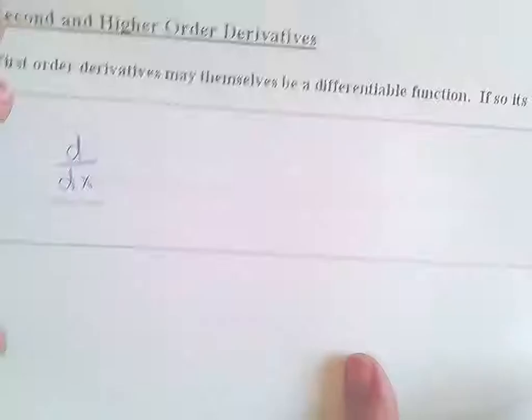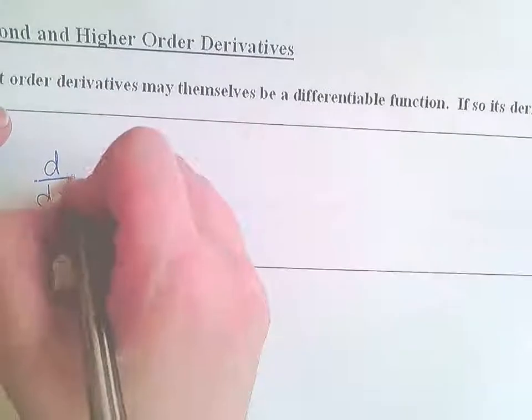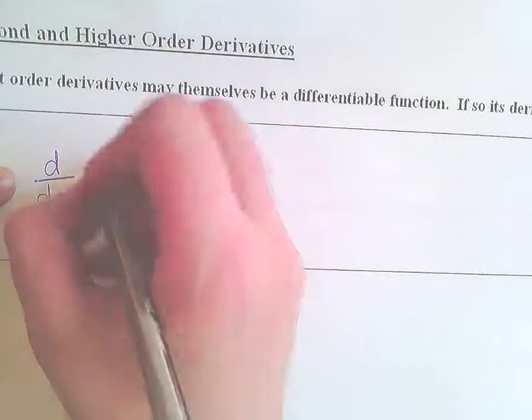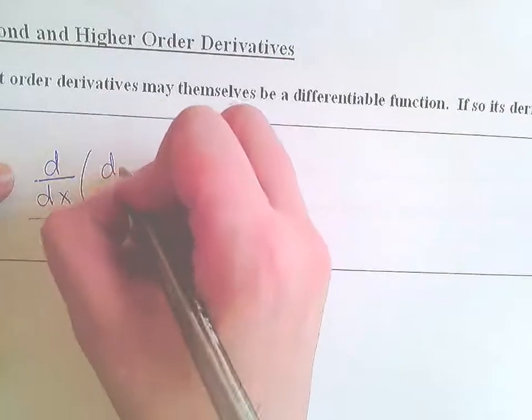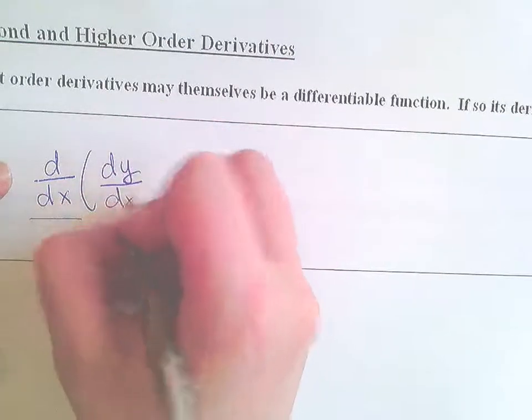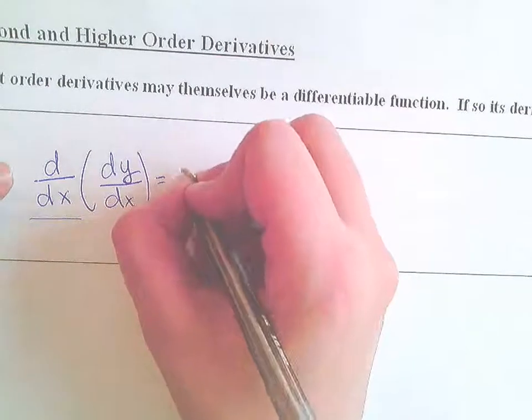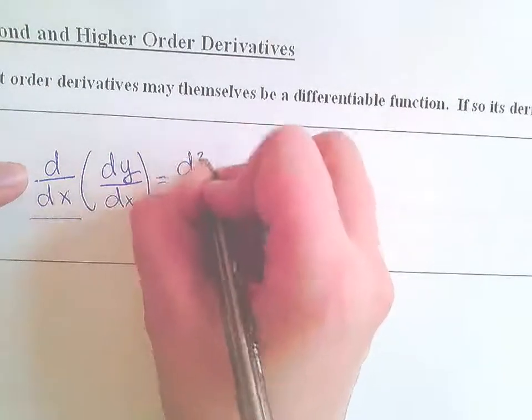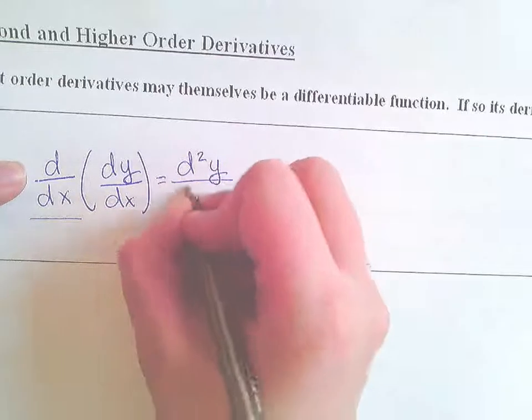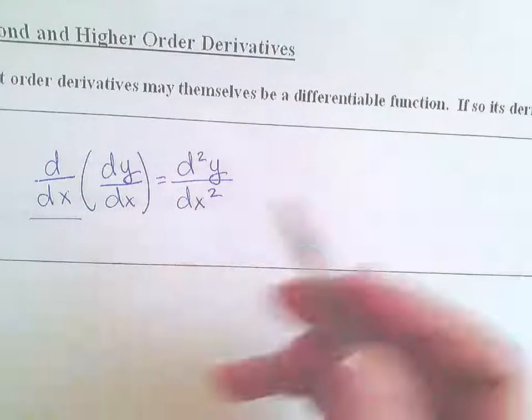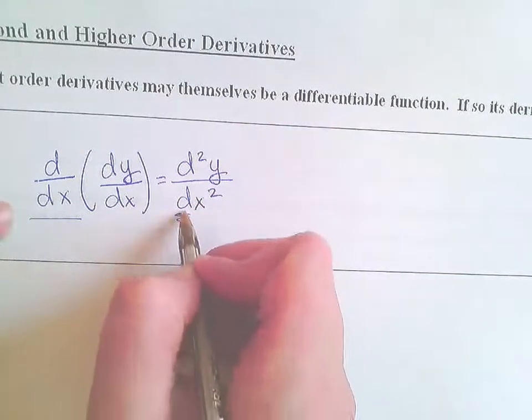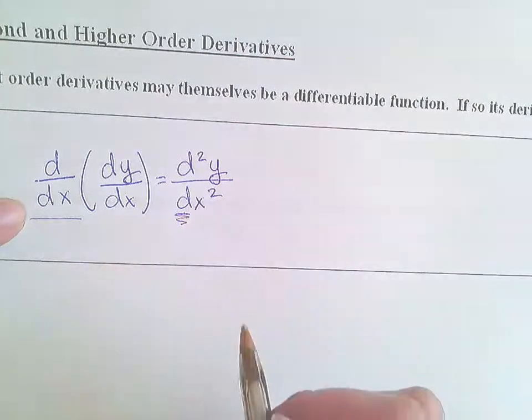But we talked about how to find the second order derivative. So the derivative of the derivative of a function, dy dx, gives us our second order derivative, d squared y over dx squared. See, the reason you don't square the d is because that is always there.